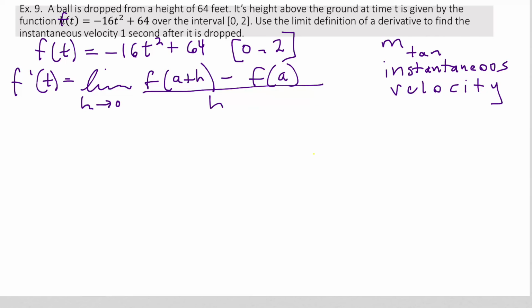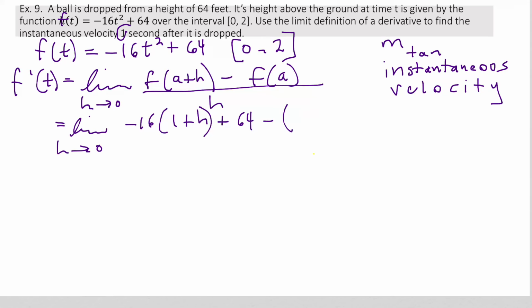Alright, so now we're going to do our substitution. So we've got the limit as h approaches 0, substituting a plus h into the function. What's a? A is 1. Let's go ahead and substitute that. So everywhere I have a t in my function, I'm going to put in 1 plus h, plus 64, minus the function evaluated at 1.